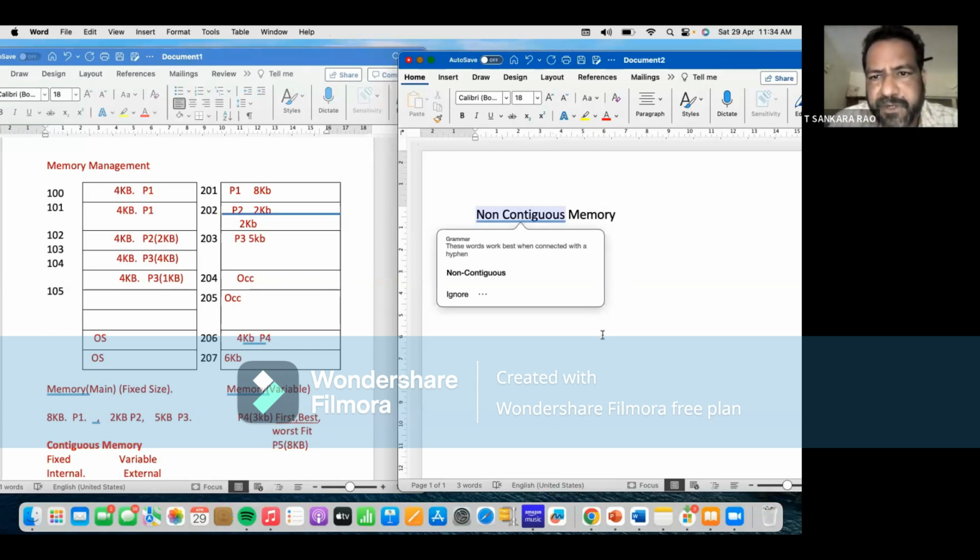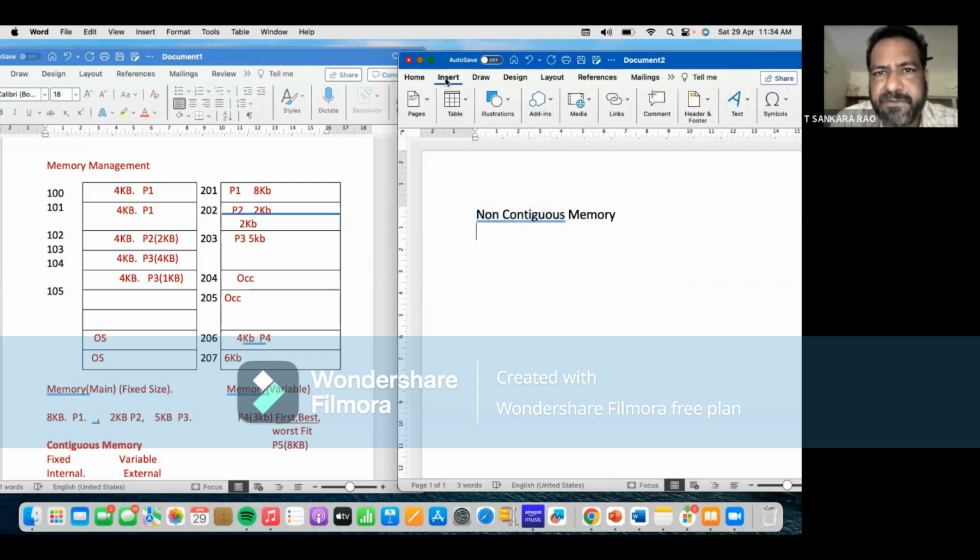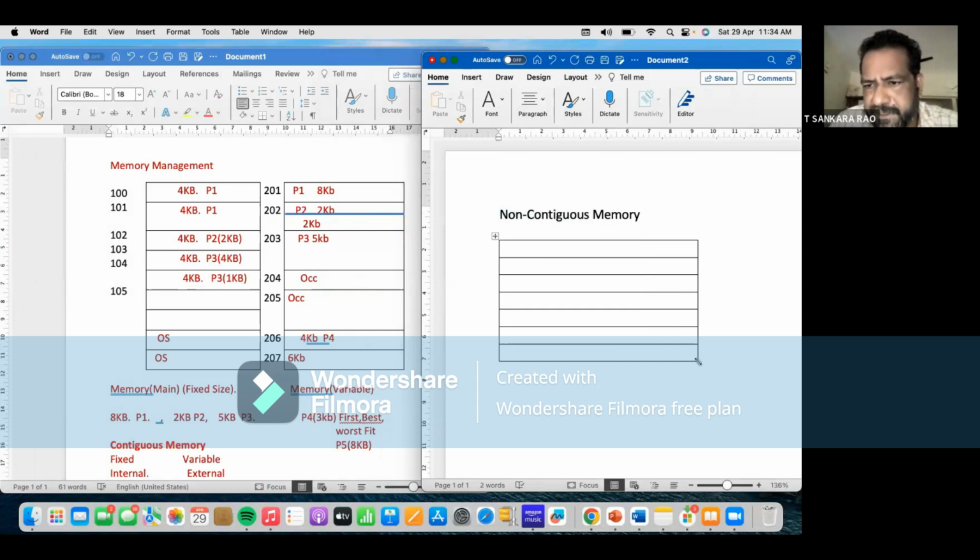Okay, so non-contiguous memory location.